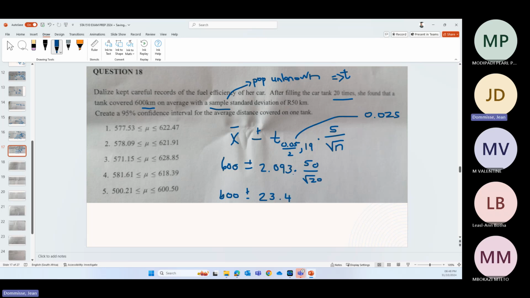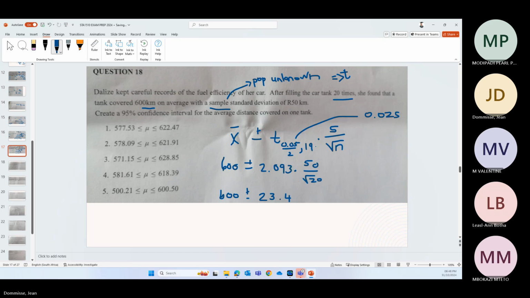Let me work this out again, because there's nowhere 23. So let's just work this out again. 50 divided by the square root of 20, I get 11.18.